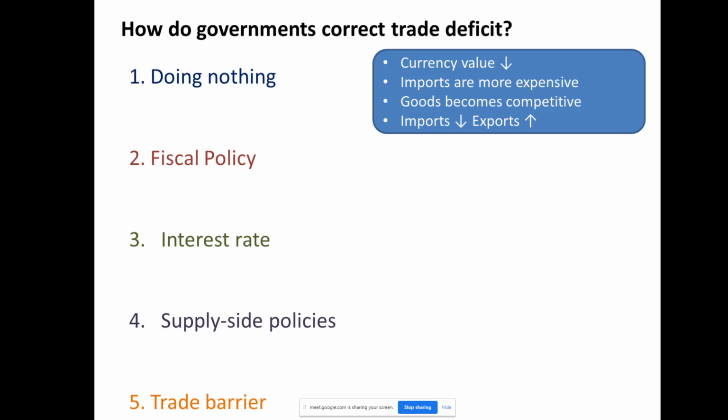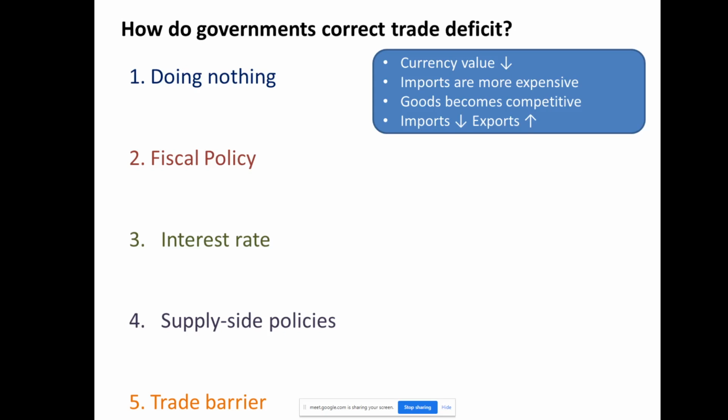So here, once again, you go back to the concept of trade deficit. Trade deficit is when M is higher than X. When you have higher incomes, then you buy more imports. That's the assumption we always make.